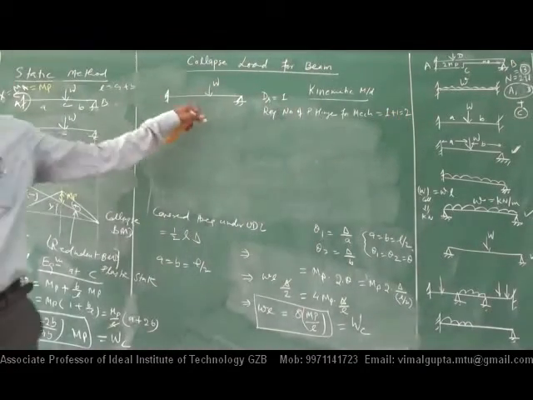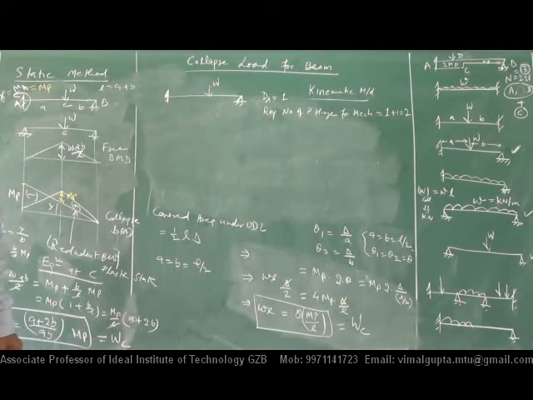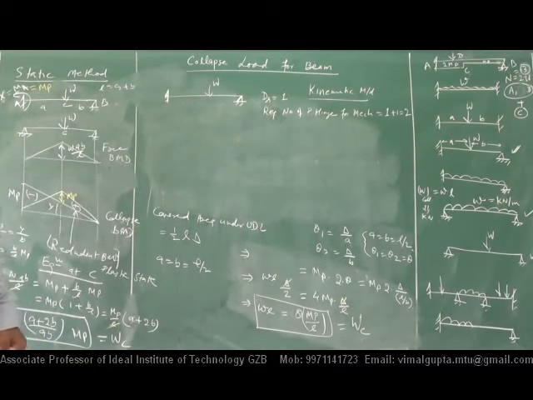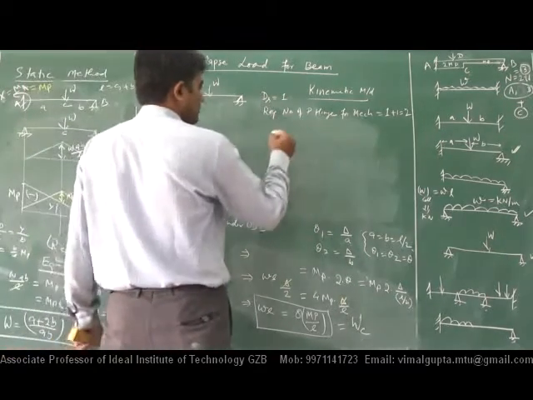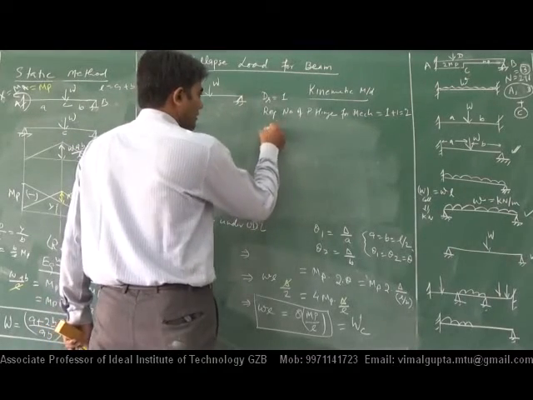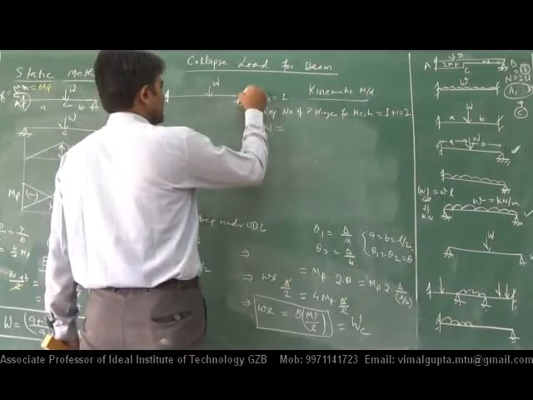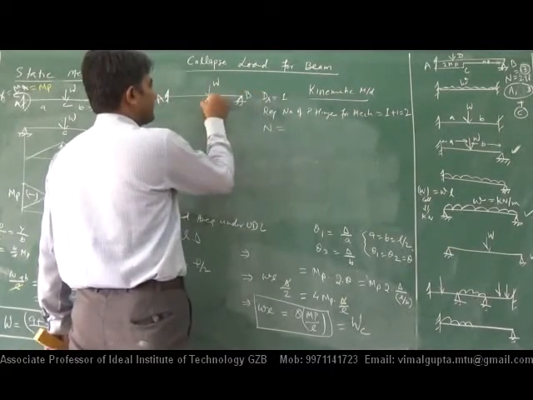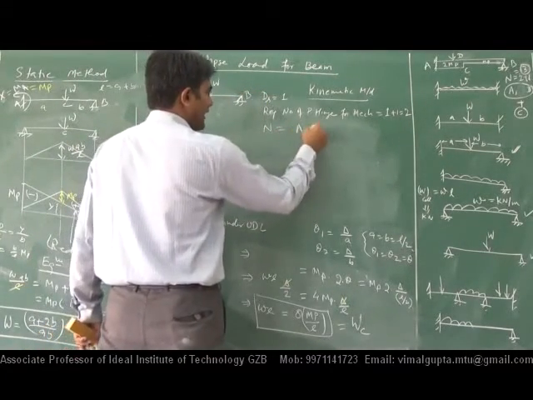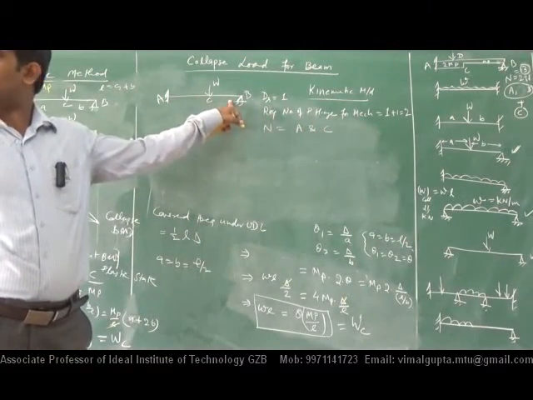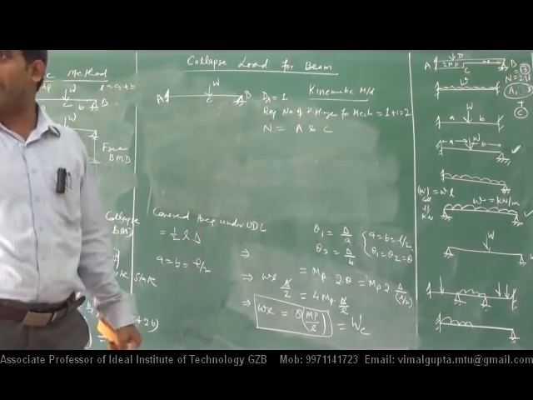So at two places we need to make the plastic hinges. What will be those? A and C. If it is A, if it is B, if it is C, then A and C. B will not be used because B is a hinge initially, a normal hinge.